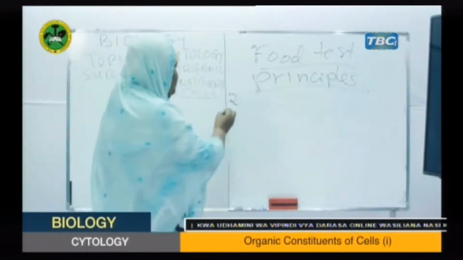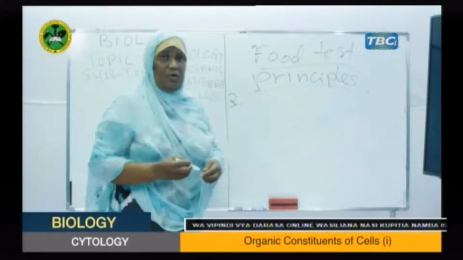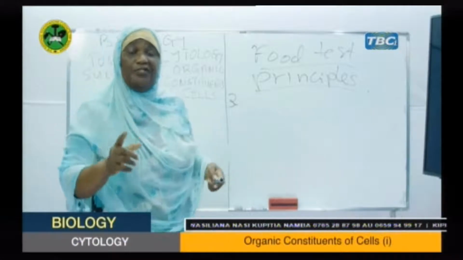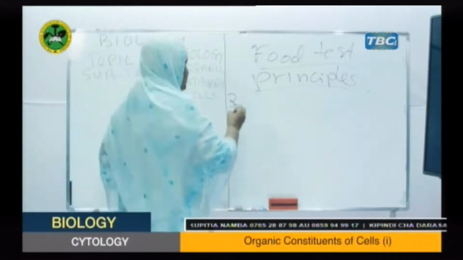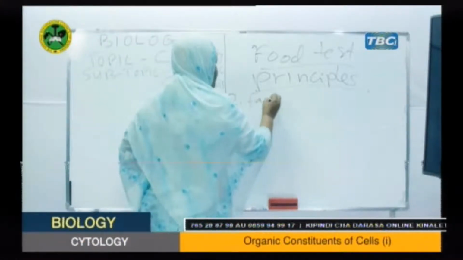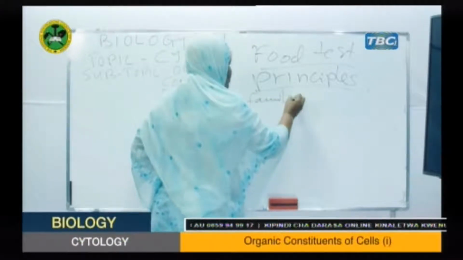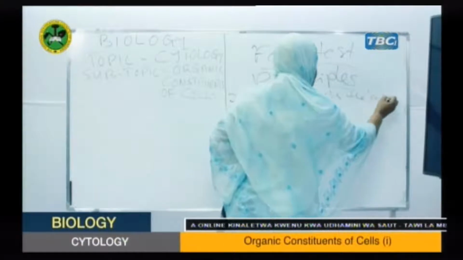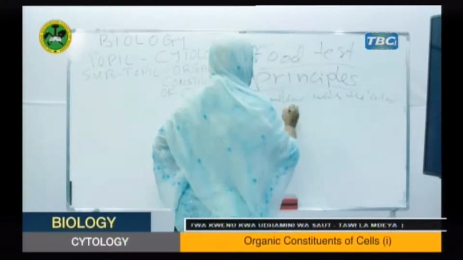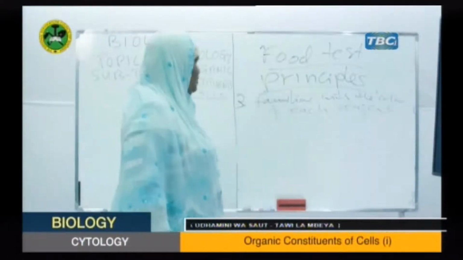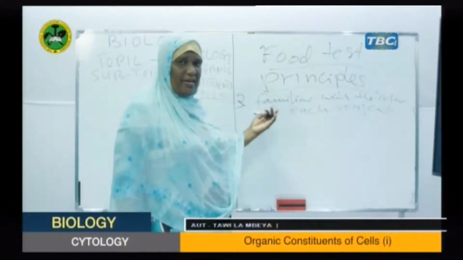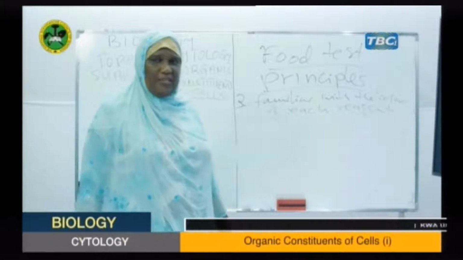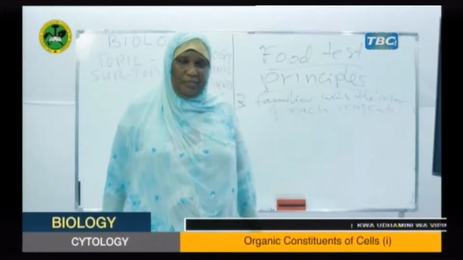Number 3, you are required to be familiar with the color of each reagent. I said that principle number 3, you should be familiar with the color of reagent which you are going to use.